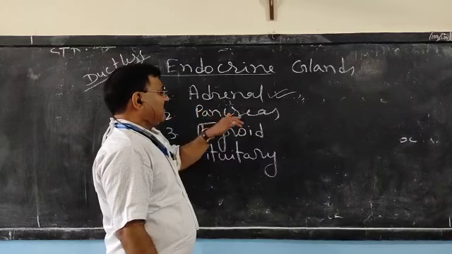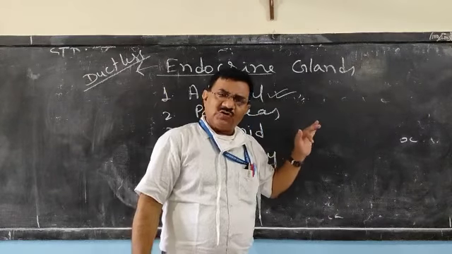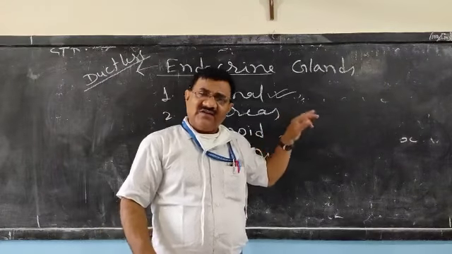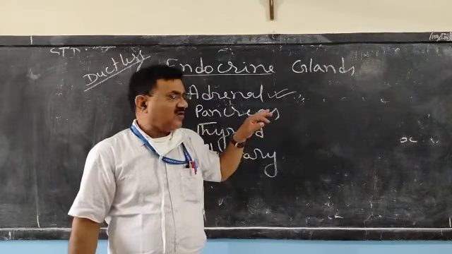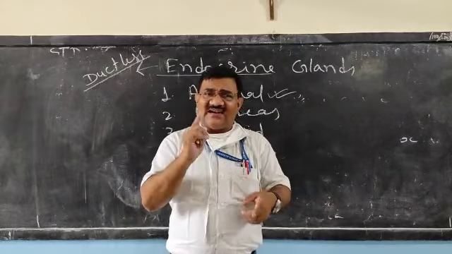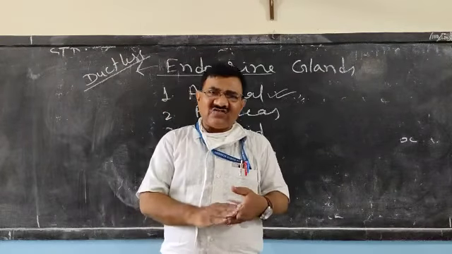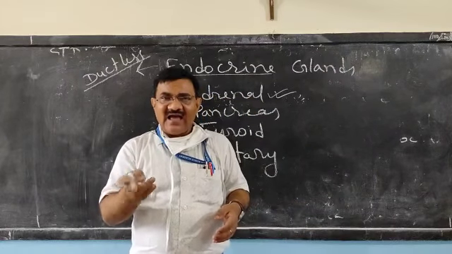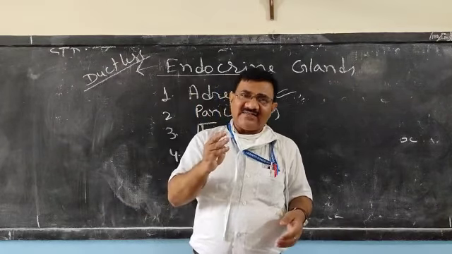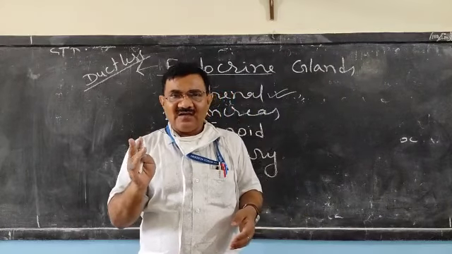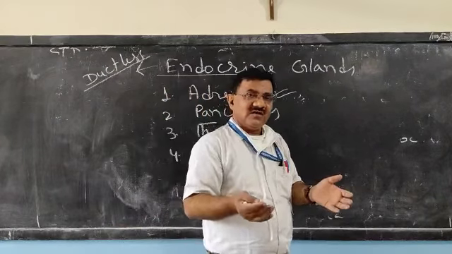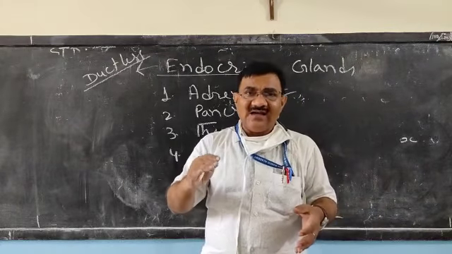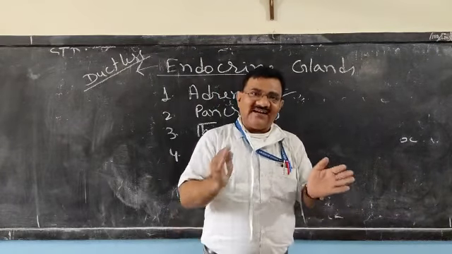Now the pancreas. Pancreas behaves both as exocrine and endocrine gland. Here we will discuss the endocrine part. The pancreas has islets of Langerhans with three cells: alpha, beta and delta cells. Alpha cells secrete glucagon, which promotes the conversion of extra glucose into glycogen in the liver, where it is stored.